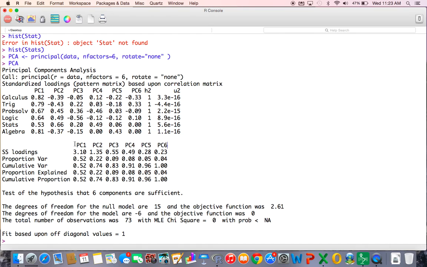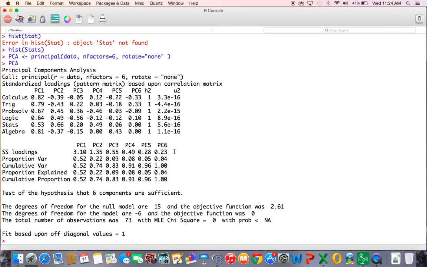But what is extremely relevant at this stage are the numbers that we get right here. Okay? Now, what I want you to know, well, I want you to know a lot of stuff. First of all, these numbers right here, 3.1, 1.35, 0.55, 0.49, 0.28, 0.23, those are called eigenvalues.